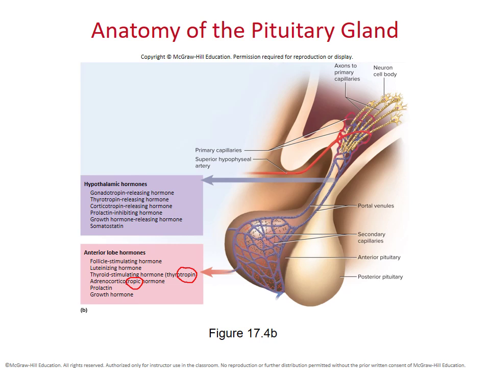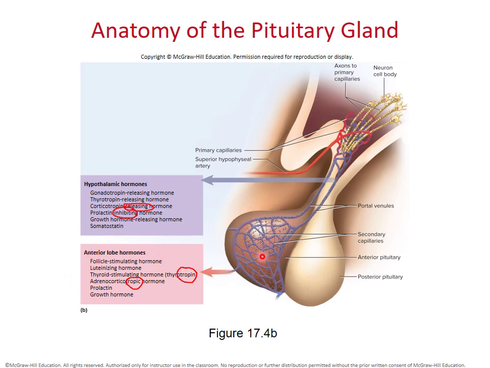So we've got the releasing and inhibiting hormones from the hypothalamus that are affecting the behavior of the anterior pituitary. And then the anterior pituitary, by releasing tropic type hormones, is going to affect the behavior of other glands in the body. So we have this nested system of control, essentially, where the hypothalamus tends to control the anterior pituitary, and the anterior pituitary then goes on to control several other endocrine organs.